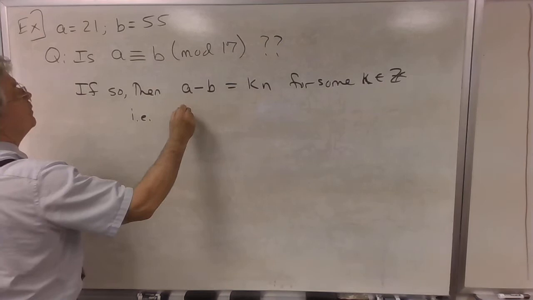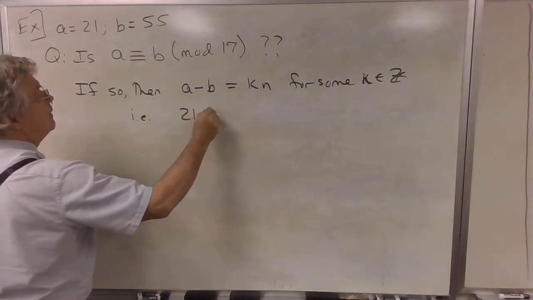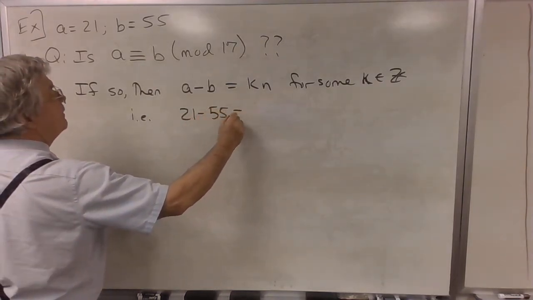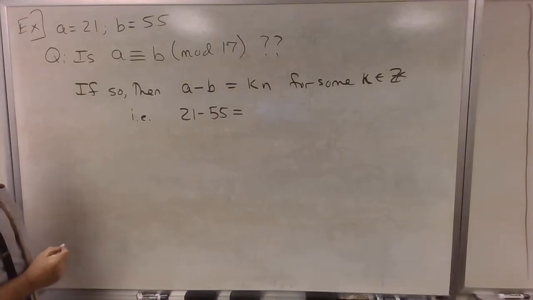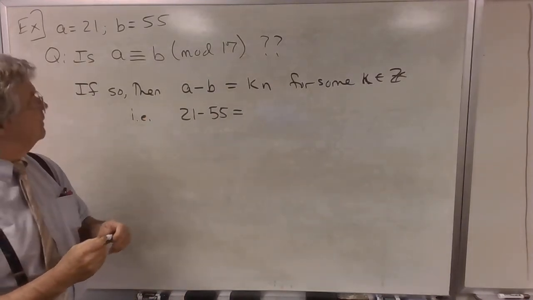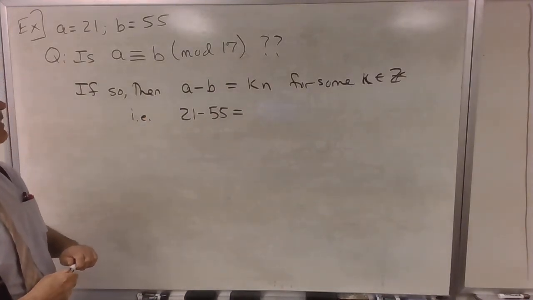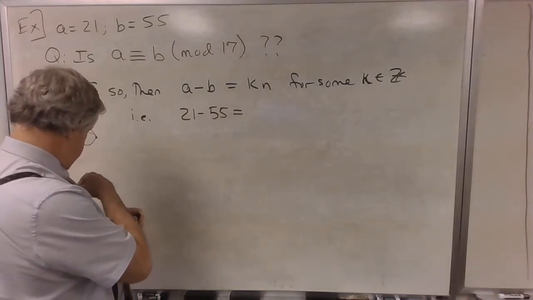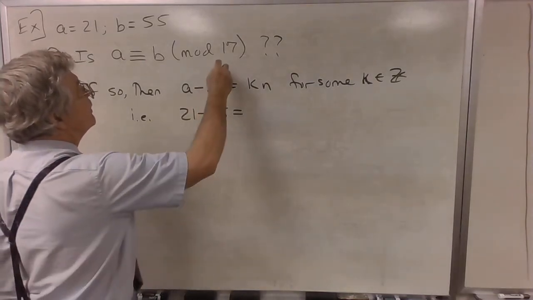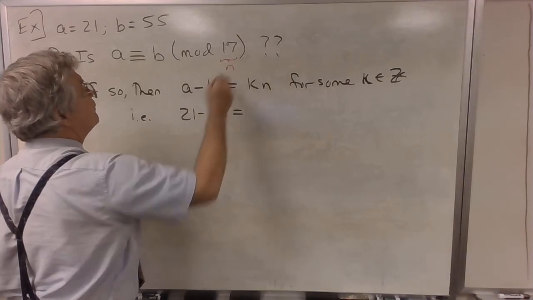So A is 21, B is 55. And if they're congruent mod 17, that's our n here.